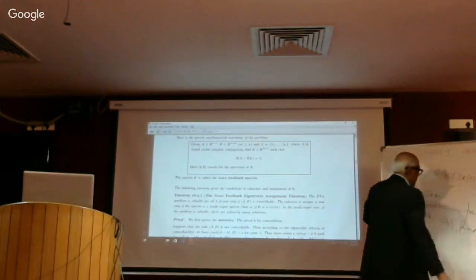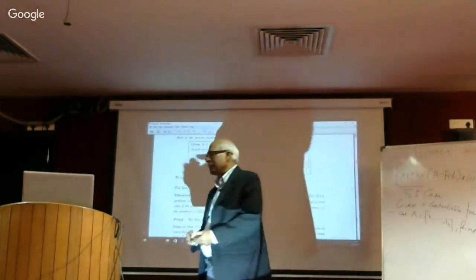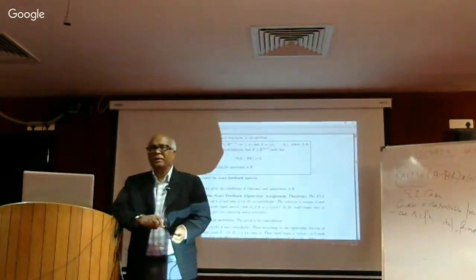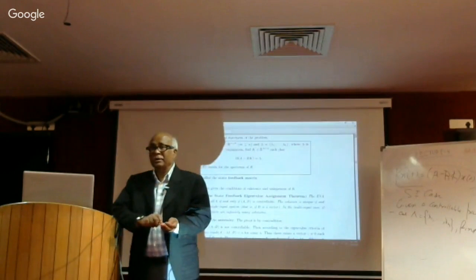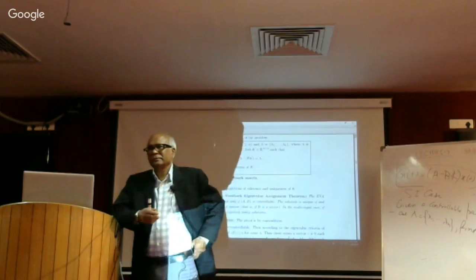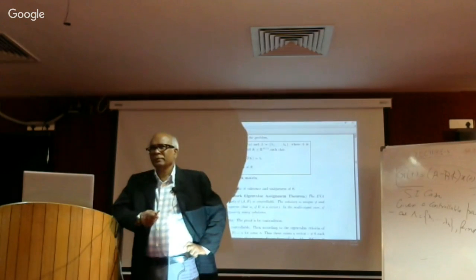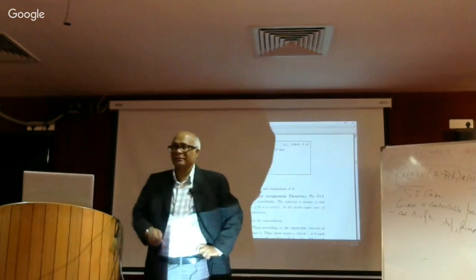In the single input case, will it be a matrix or a vector? How will this feedback matrix look? It's a row vector.